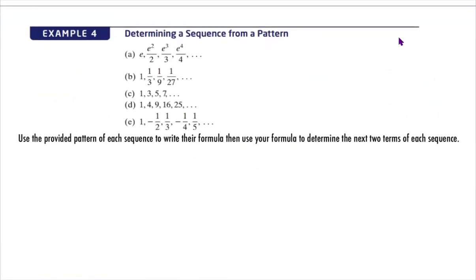So in this next example, we have a few items that we want to find. First, find the pattern, right? Use the pattern to find the formula that generates the terms. And then after you get the formula, you can find a few more terms using the formula.